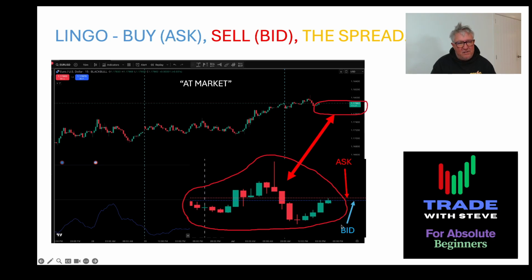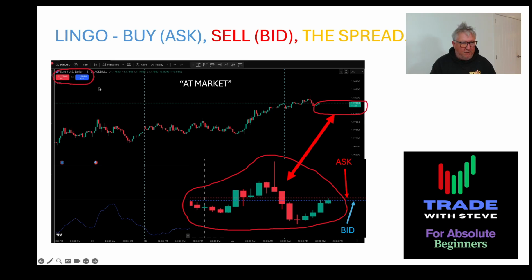And likewise, the bid price, think of an auction. The current bid for this car is this price, and when we buy the currency, this is the price that the brokers and the banks will sell it to us at. Okay, so that's the ask price and the bid price.